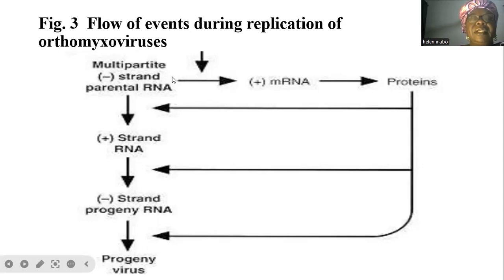That is, it is transcribed to positive messenger RNA, and this is translated into proteins. Now, the proteins so synthesized, especially the structural proteins, are assembled around the negative strand progeny RNA, leading to the assembly of the progeny virus.